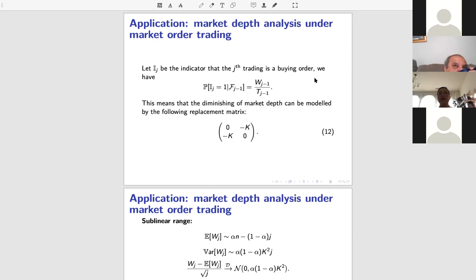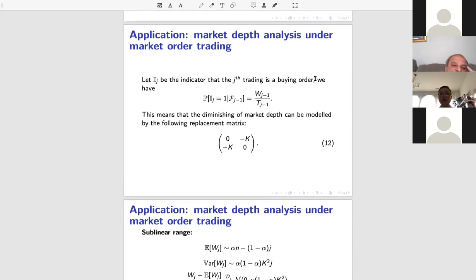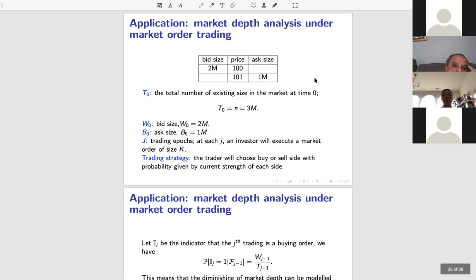So the diminishing of the market depth, the changing of the existing orders, which we call the market depth, can be modeled by the following replacement matrix given by equation 12. We have zeros on the diagonal and minus K on the off diagonal. For example, back to our data, at time 0 we have 2 million bid size and 1 million ask size.